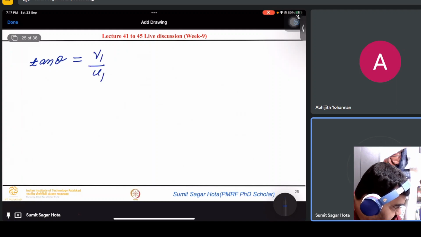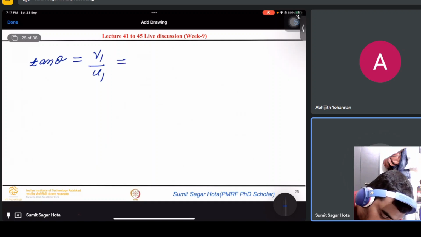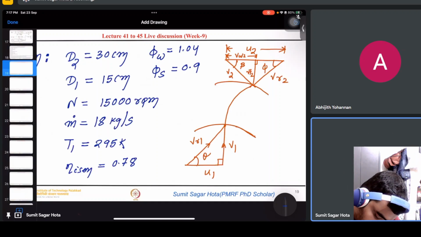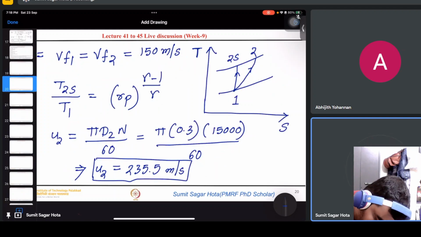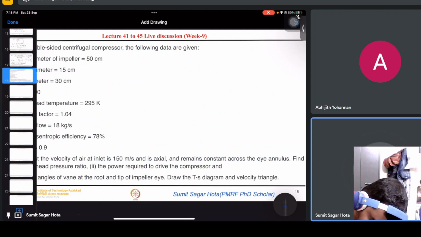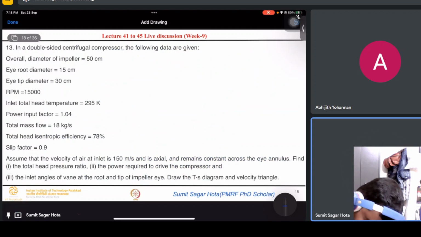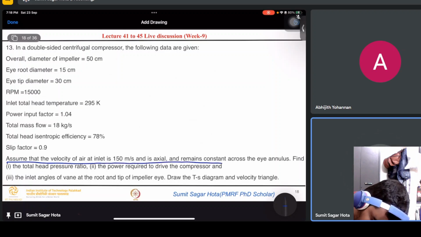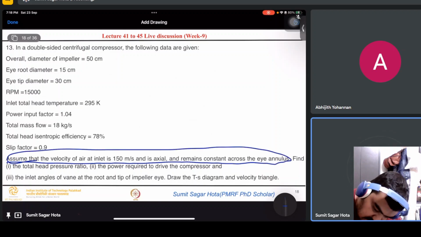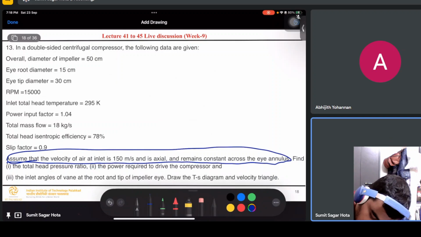What is V1? It's already given in the question: assume that the velocity of air at the inlet is 150 meter per second and is axial and remains constant across the eye of the annulus.